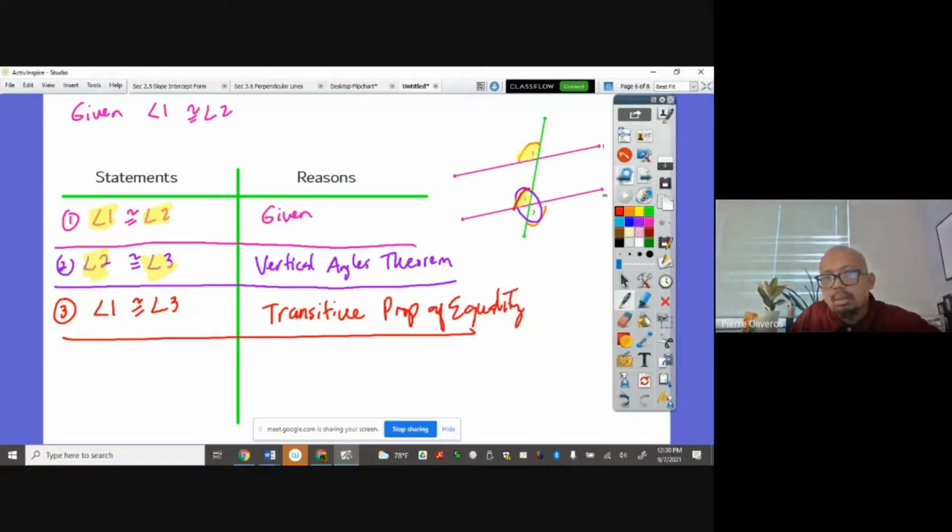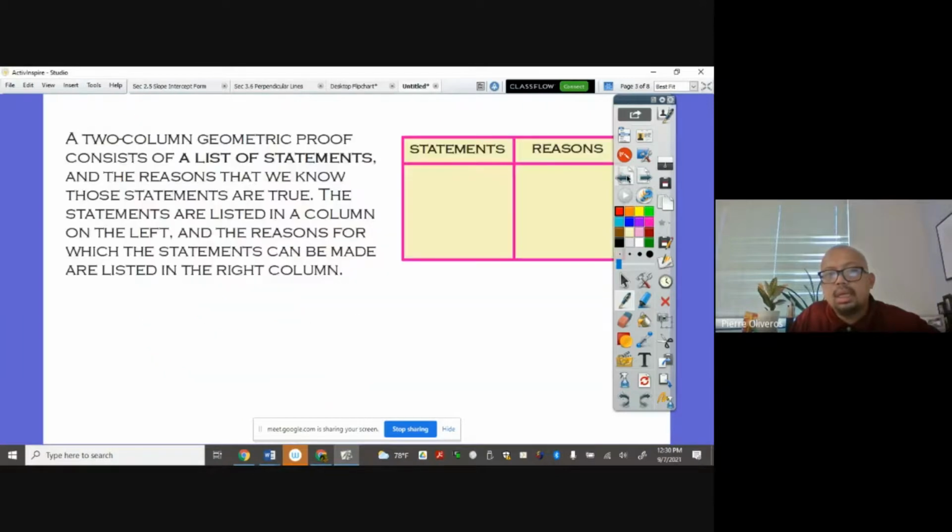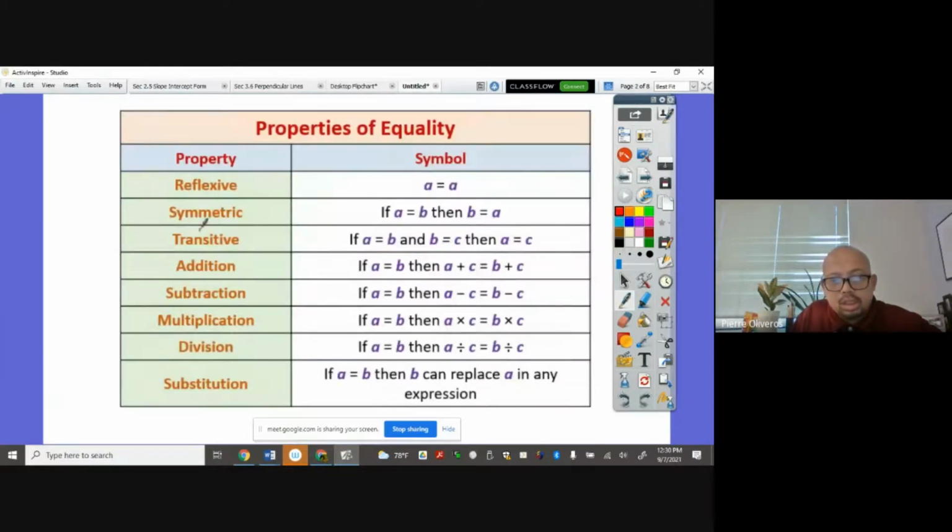If you remember, right here in the beginning, look at transitive. If A equals B and B equals C, therefore A equals C. If R is equal to K and K is equal to T, so therefore R is equal to T. If you notice, this K here is the same.